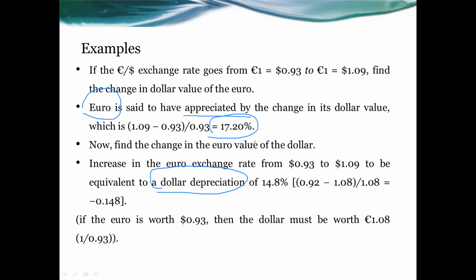There are some changes in the calculation because of the decimal points, so there is a decimal point issue. Therefore, when the euro appreciates, remember that the dollar depreciates. So that is the way we calculate appreciation and depreciation of foreign currency or domestic currency.